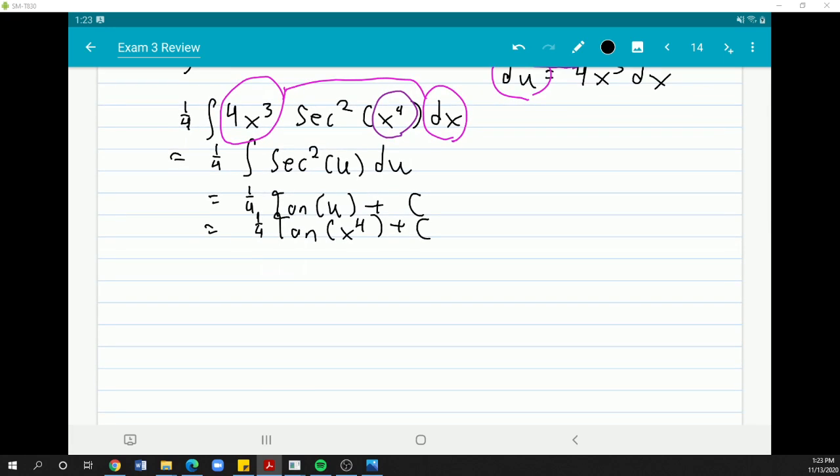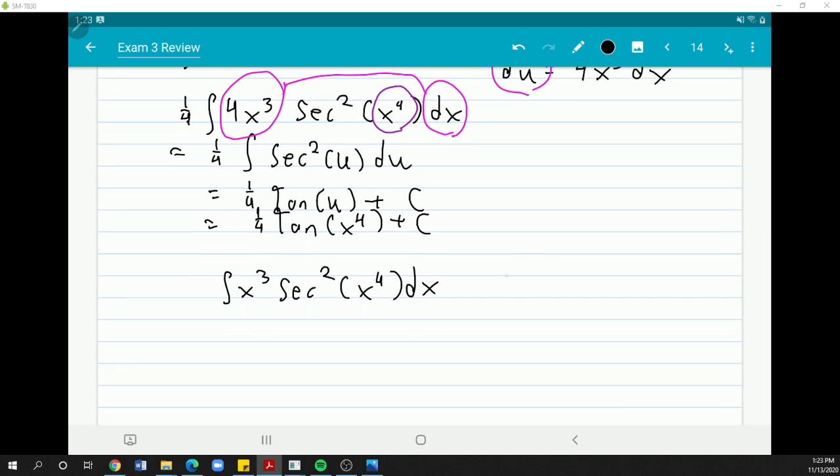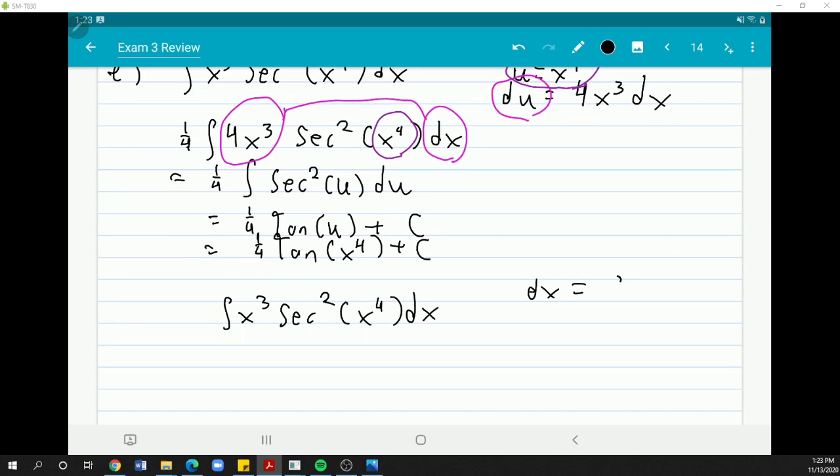So what was the not tricky way to do this? Here at this step I had x cubed secant squared x to the 4th dx. And I could have said dx, solving over here, is equal to du divided by 4x cubed.